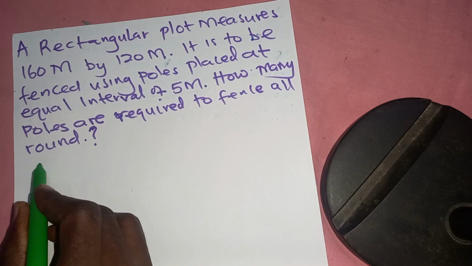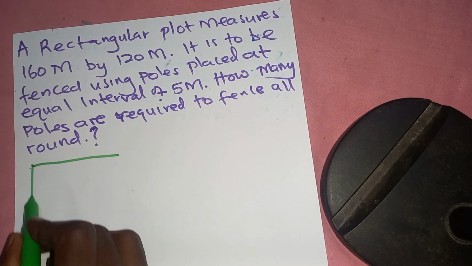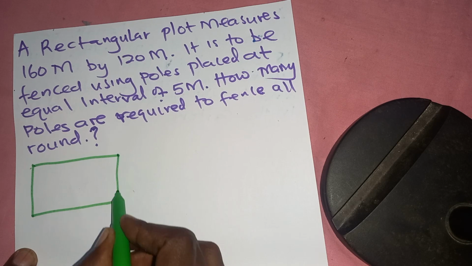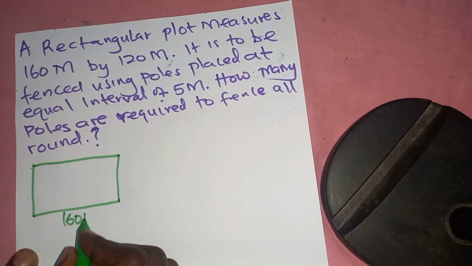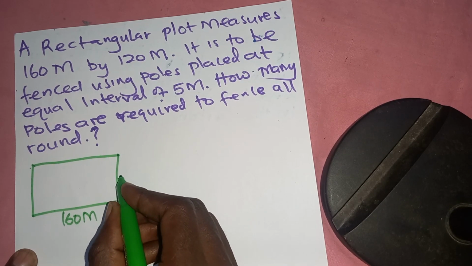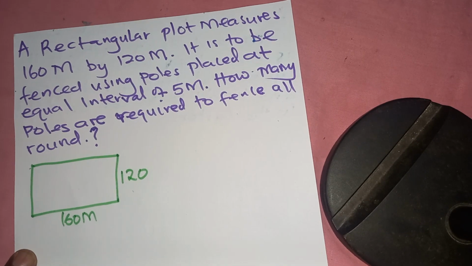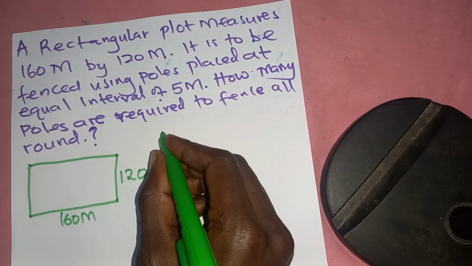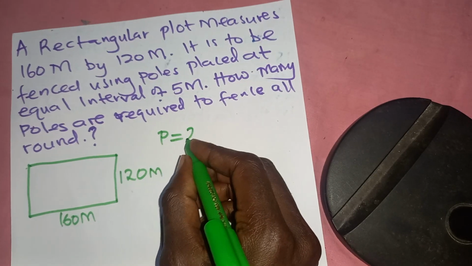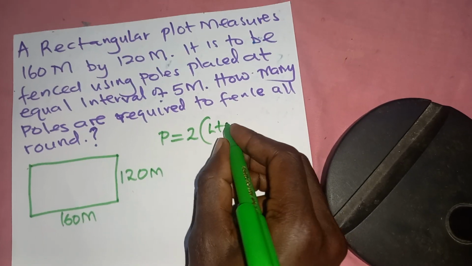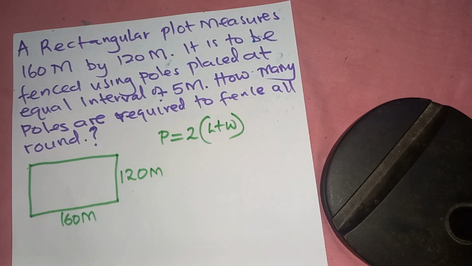So you draw the sketch as usual. So, a rectangular plot measuring 160 meters by 120. So the perimeter, you get perimeter by saying 2 (length plus width), like that.